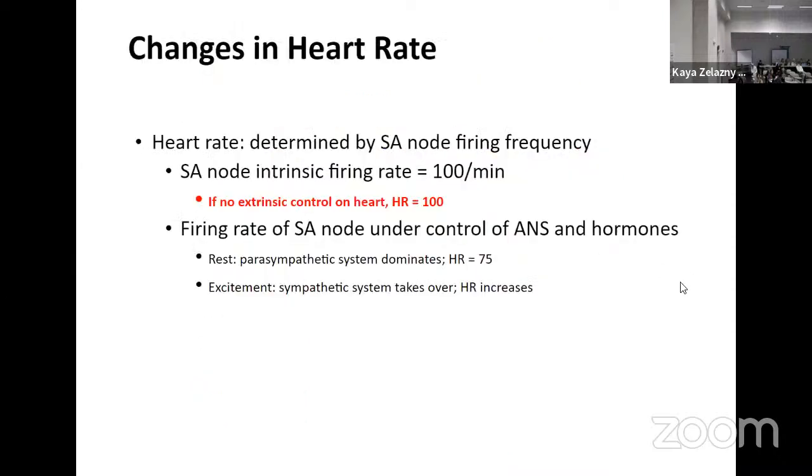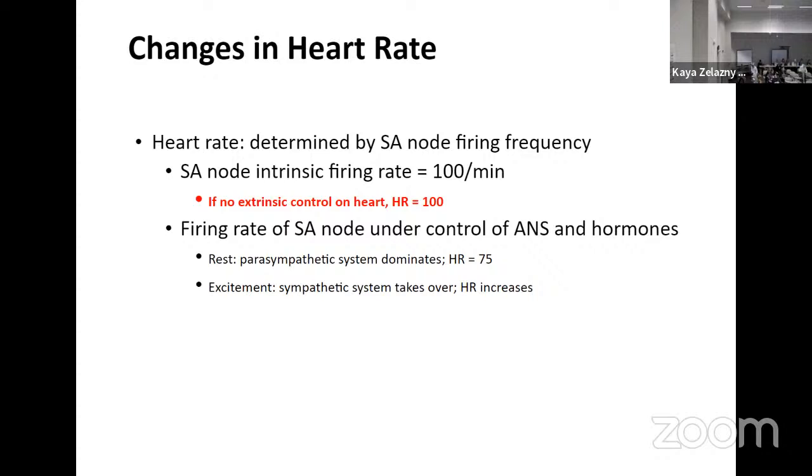Okay, so your heart rate overall is determined by that sinoatrial node in the right atrium. We know that that's the fastest of our nodes. It's a pacemaker. Its intrinsic firing rate is actually 100 beats per minute, which is faster than a typical heart rate. Okay?